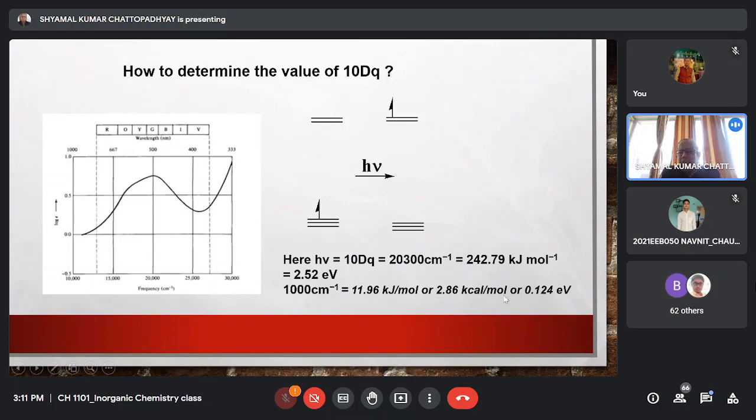Using this conversion formula, we can convert this energy into kilojoule, electron volt or kilocalorie, etc. In short, what I wanted to emphasize here is that it is very easy to measure the 10 dq value experimentally. It can be measured easily using the electronic spectroscopy of the complexes.